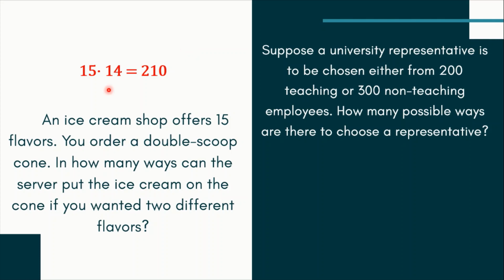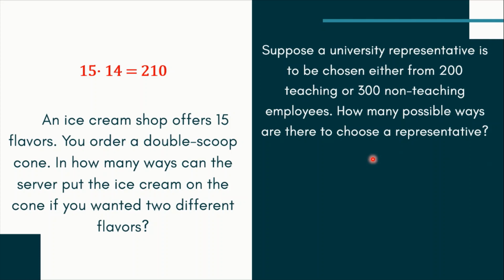So, sa dalawang activities, pagpili ng teaching employee or then second activity, pagpili ng non-teaching employee, ilang activities ang gagawin mo, ang suppose na gagawin mo? Correct, isang activity lang. So, pwedeng ang mapili mo ay teaching, or pwede rin namang ang mapili mo ay non-teaching employee. So, we are going to choose our representative. So, isang task lang ang gagawin natin.